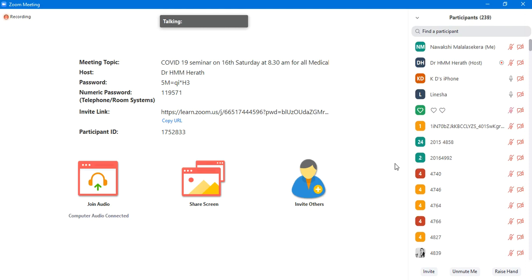Problem with... Yeah, I think there's a small issue with the internet connection, so we'll have to fix it.